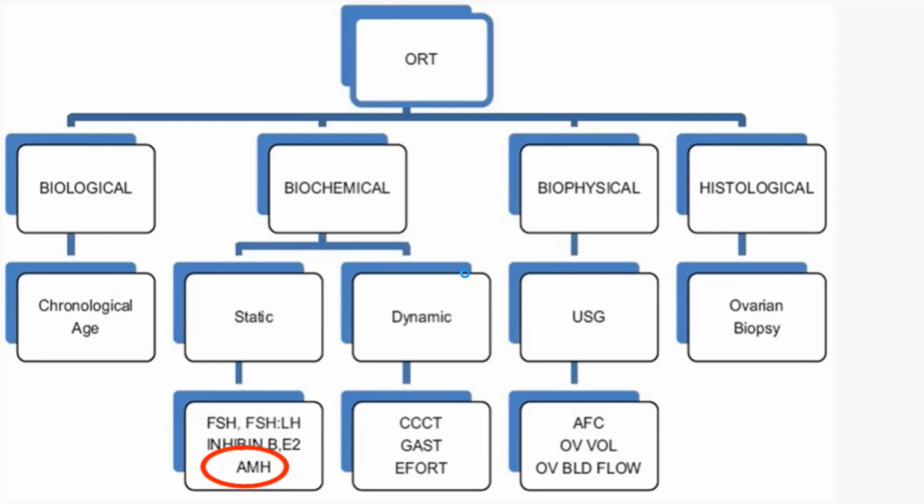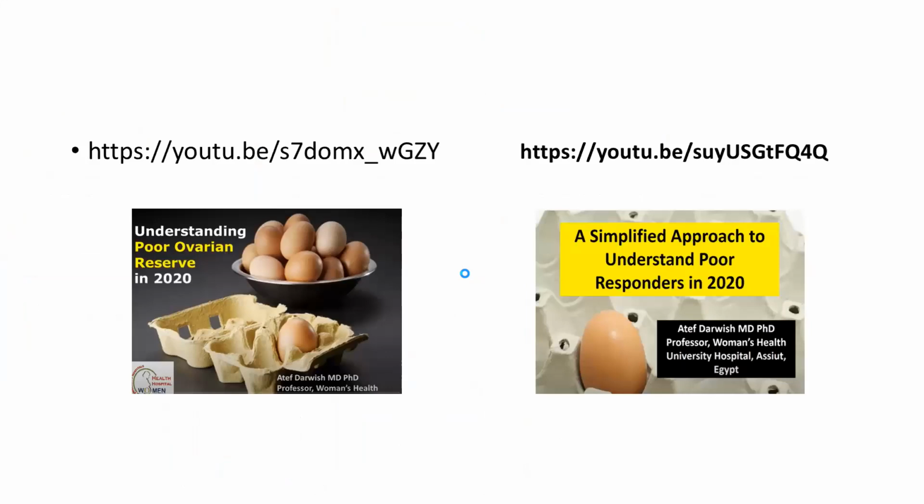And sometimes when you are doing a laparoscopy for the patient, you can take a biopsy of the ovary to see if she has follicles or not. So we have different categories of ovarian reserve testing. Don't rely on one test as a test of ovarian reserve. It is just one test which is suggestive of ovarian reserve status.